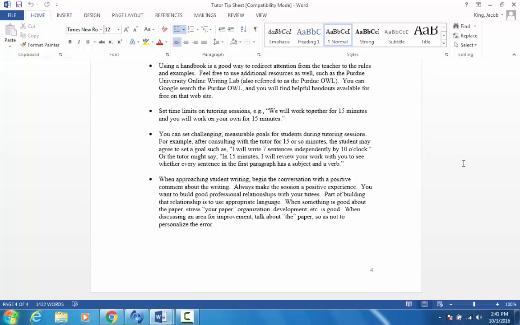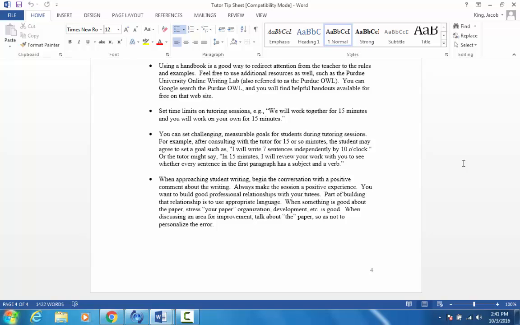And when you make negative comments, as it says here, don't frame it like your writing is terrible, or your writing sucks. Here the essay lacks a thesis statement, not you lack a thesis statement, okay? So try to make it as positive an experience as you possibly can.